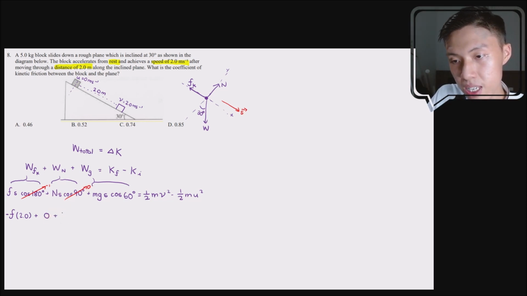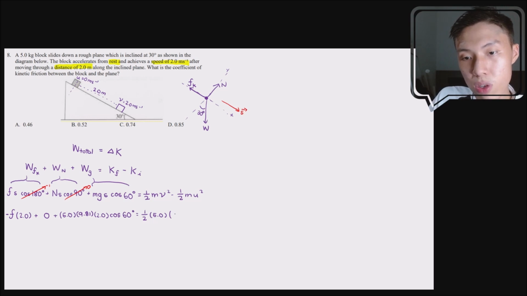Next, plus mgs, m is 5 kg, g is 9.81. The magnitude of displacement is 2.0 cos 60°. Then it'll be equal to, I'm going to factorize out the half and m, so half m, then inside this bracket, there should be v square minus u square. Okay, so v square is 2.0 square minus 0 square.